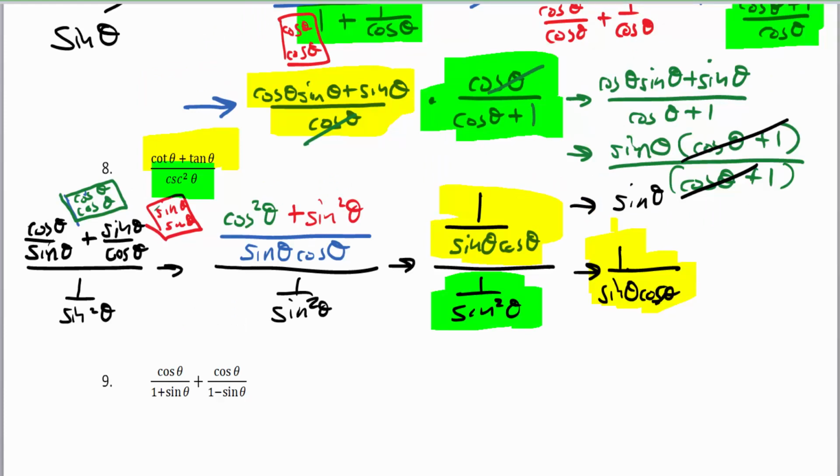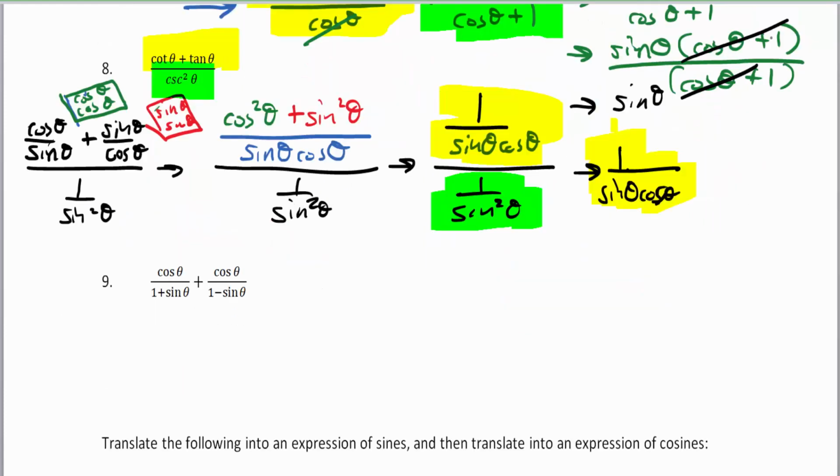And then we're going to move on to our multiplying problem here. This 1 over sine squared theta is now going to be sine squared theta over 1. See, we just flipped this green part on its head like that.